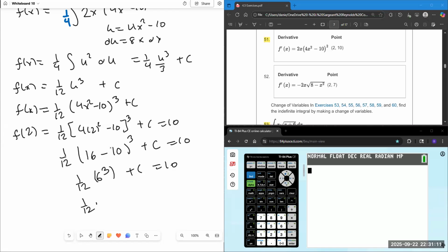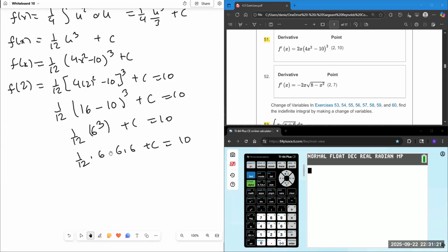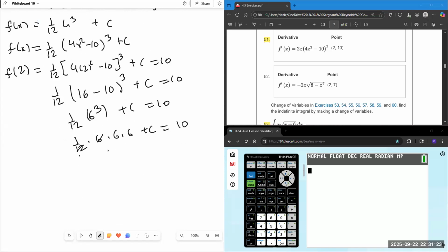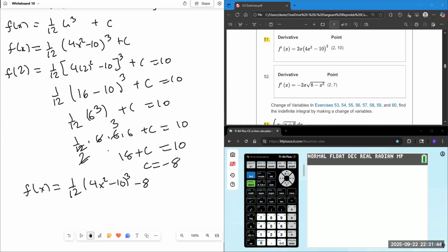So 1/12 times 6 times 6 times 6 plus c is 10. 6 goes into 12 2 times, 2 goes into 6 3 times, 3 times 6 is 18, plus c is equal to 10, and c is -8. If c is -8, then f of x is equal to 1/12 of (4x squared minus 10) cubed minus 8.